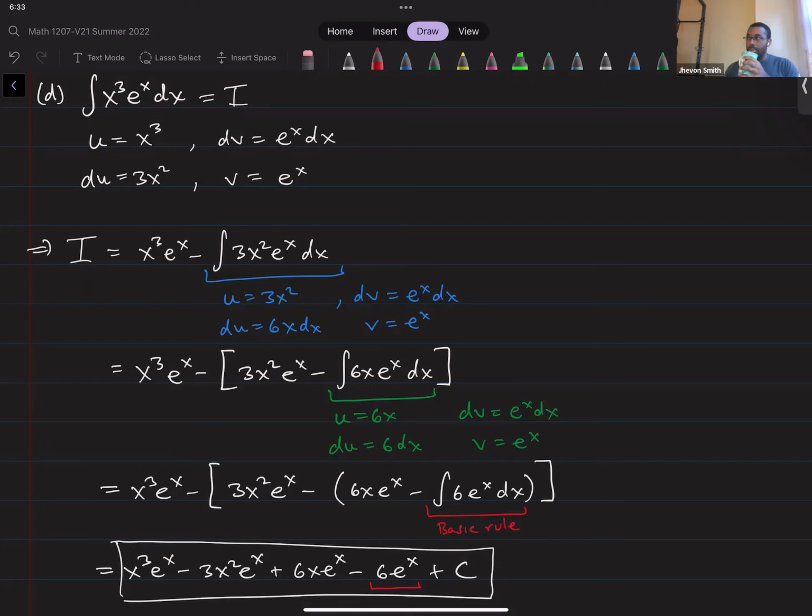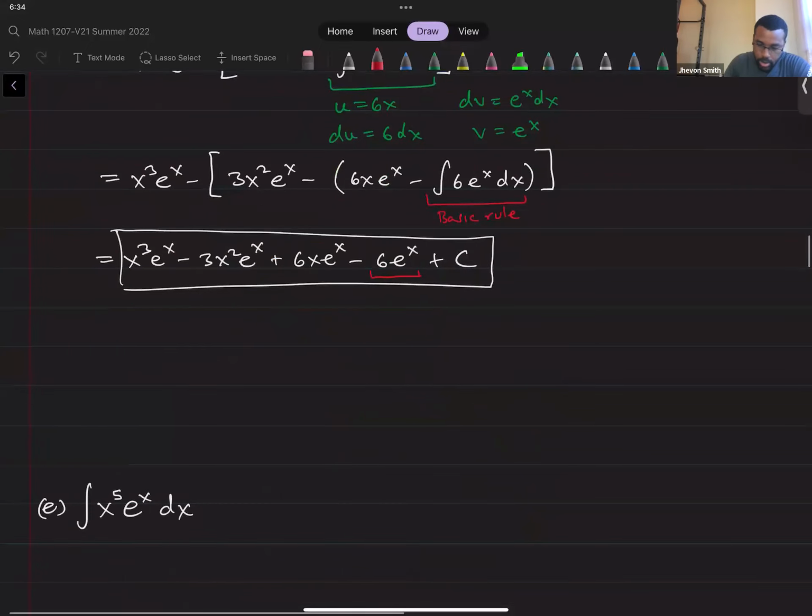You will get ultimately x cubed e to the x. Any questions on this one? All right, moving on to the next one.